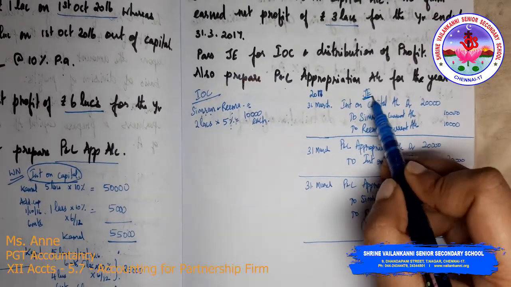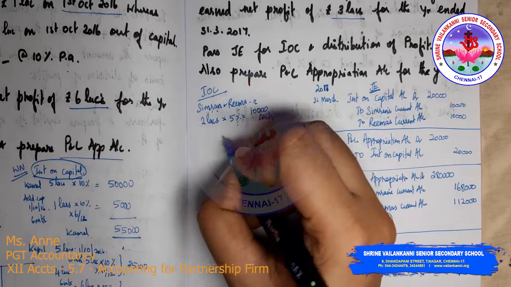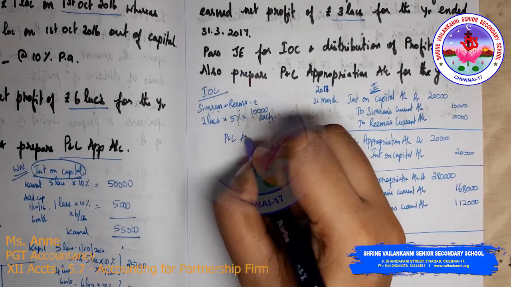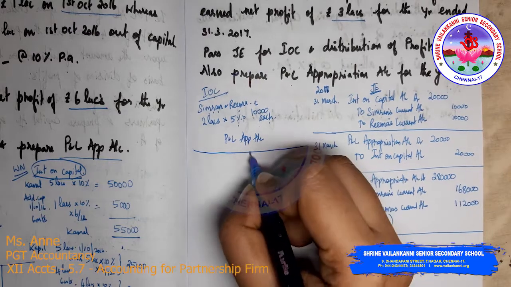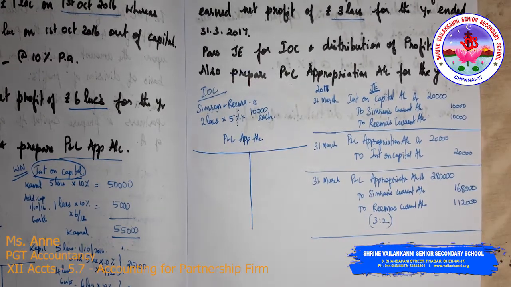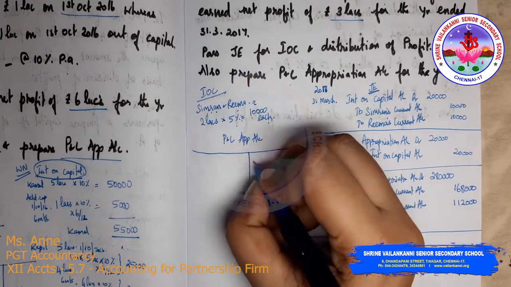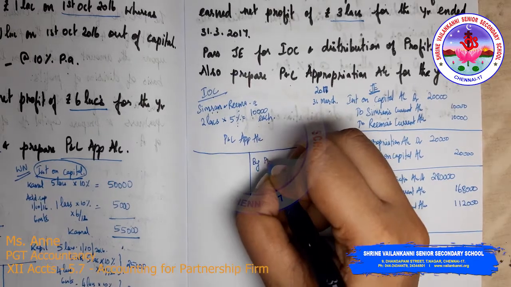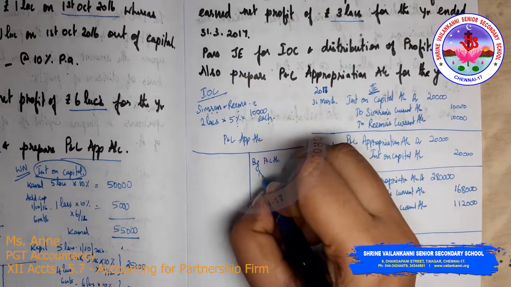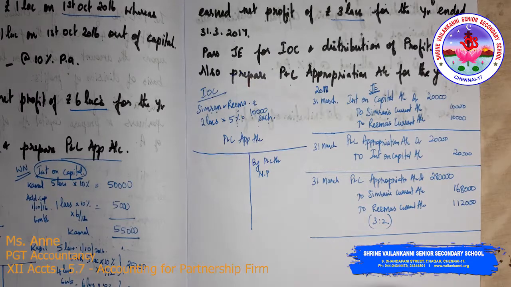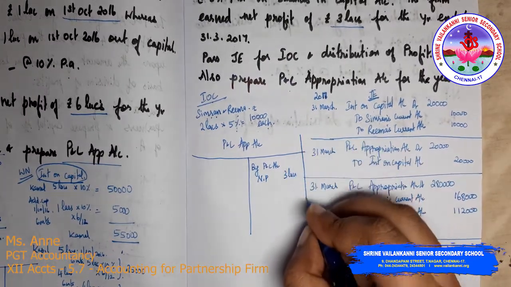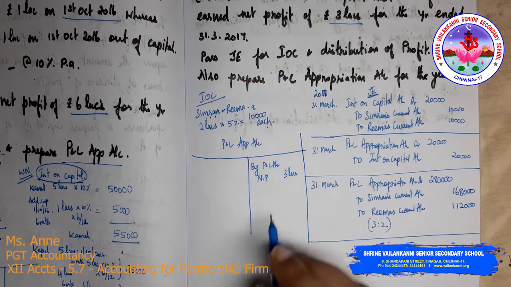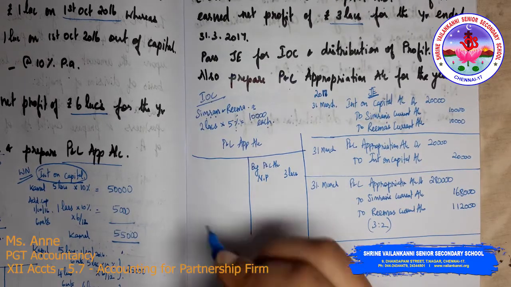So once you are done with the journal entry, we need to prepare the P&L appropriation account. So I'll just make use of the small space here so that we will finish off. So by P&L account, net profit. How much is the net profit? 3 lakhs. I'm sure that you are able to understand. 3 lakhs is our net profit.